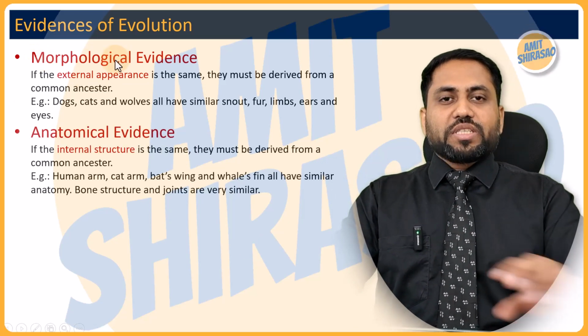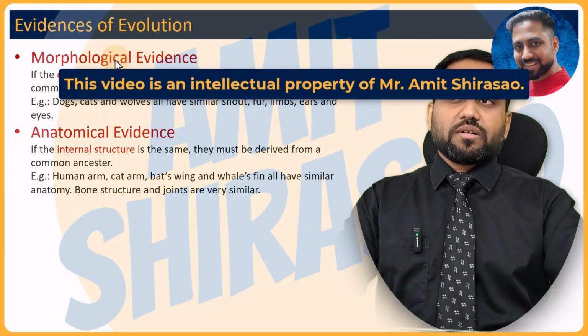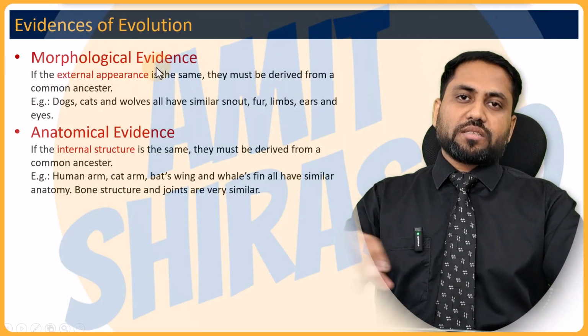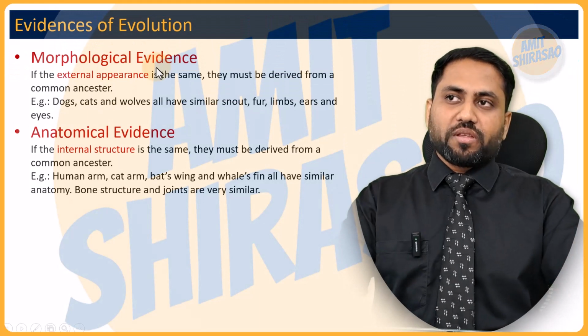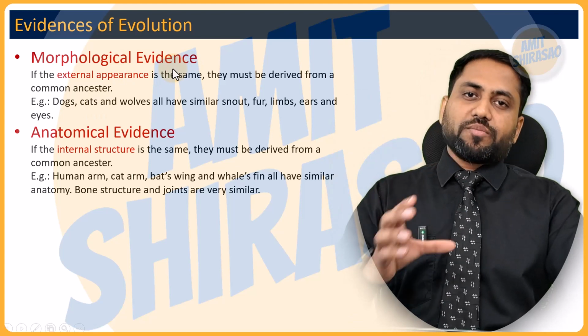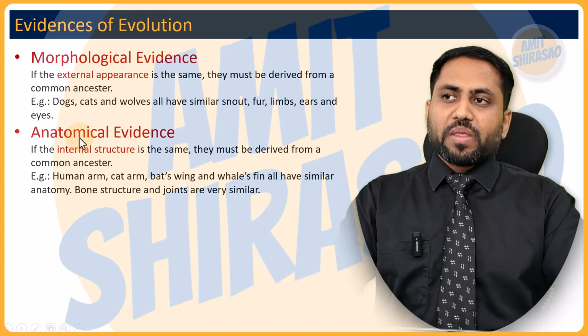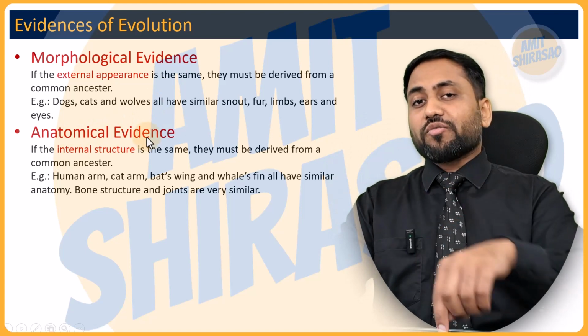So based on physical appearance, that is morphological appearance, we are trying to justify that this evolution must be true. Why? Because we see morphological similarity, that is external similarity. Morphology means external appearance of an organism. Anatomy means internal structure of an organism.